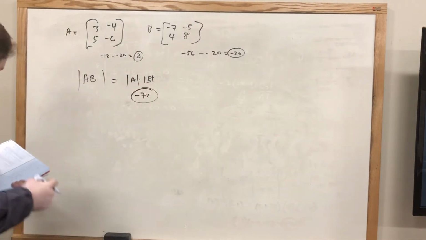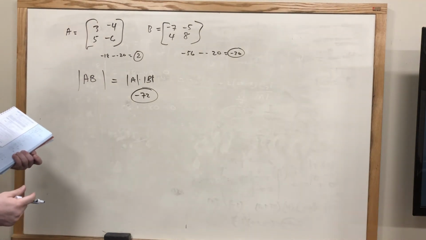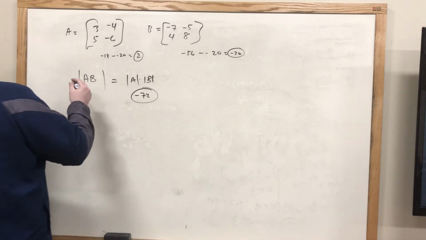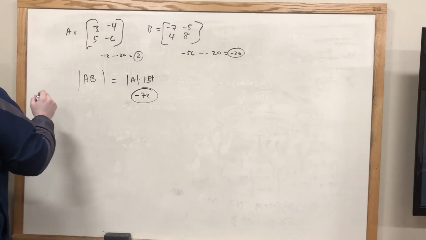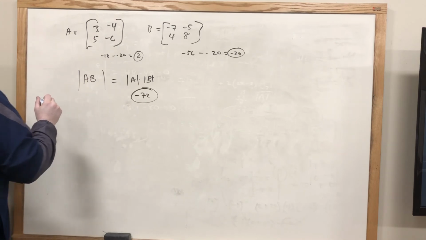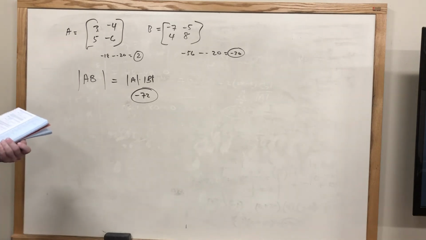Okay, so we know that. Next, what was AB? AB is when we take them and we just multiply them together. How do we find that? Where does the AB come from?